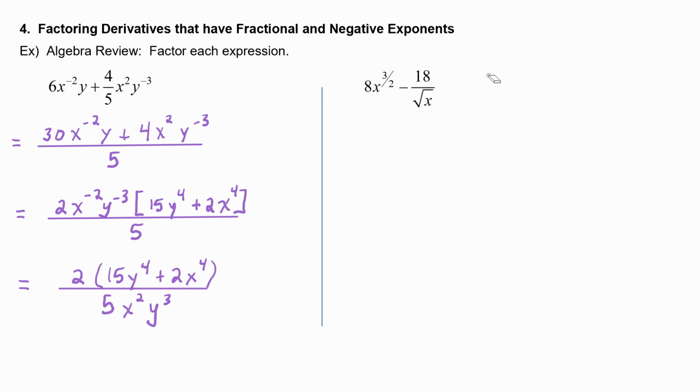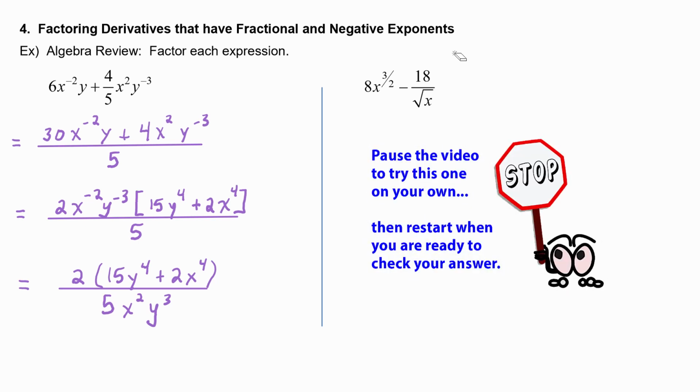In this next example, we have 8x to the 3/2 minus 18 over radical x. So pause the video, try this one, then restart when you're ready to check your answer.